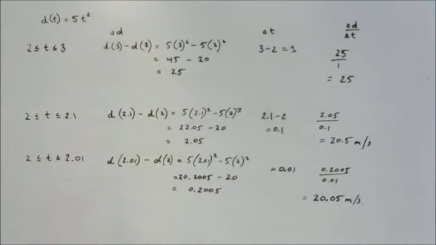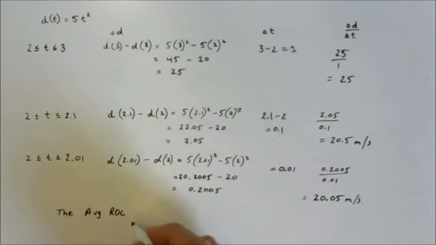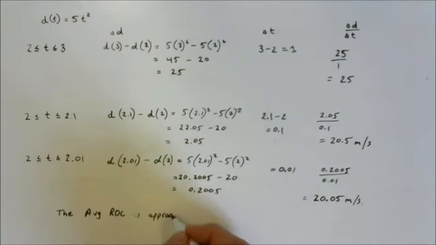Yep, that's exactly right. So at this point, you would stop and say, okay, the average rate of change is approaching 20. Therefore, the velocity of the parachutist after 2 seconds is approximately 20 meters per second. So we'll say that now. The average ROC, rate of change, is approaching 20.